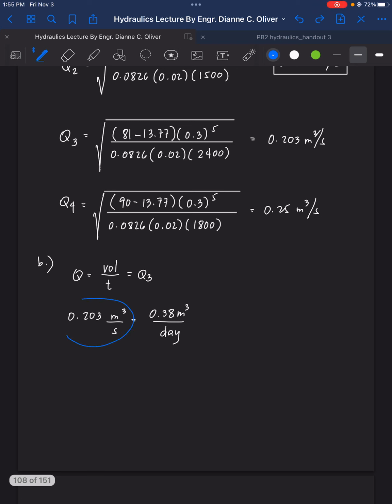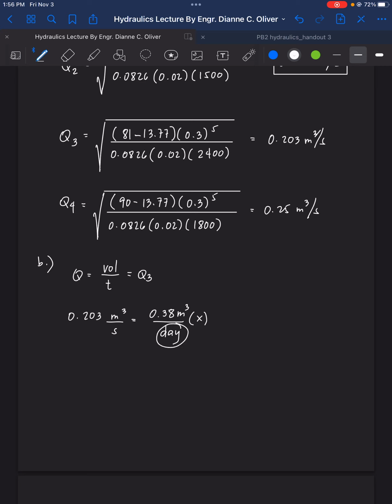And this is the Q being supplied in Townsite D. So if this is per person, we will put here X for the number of persons.